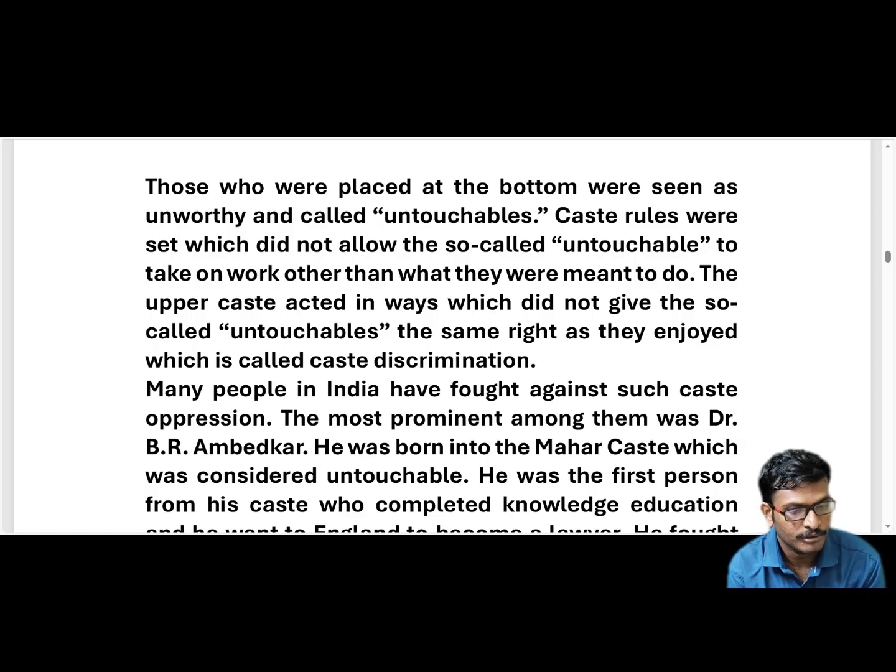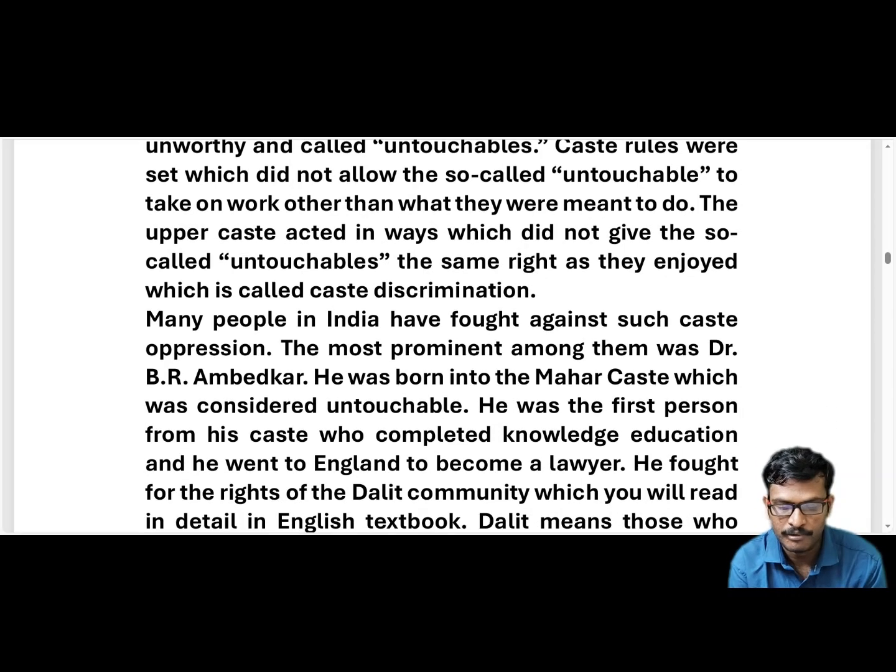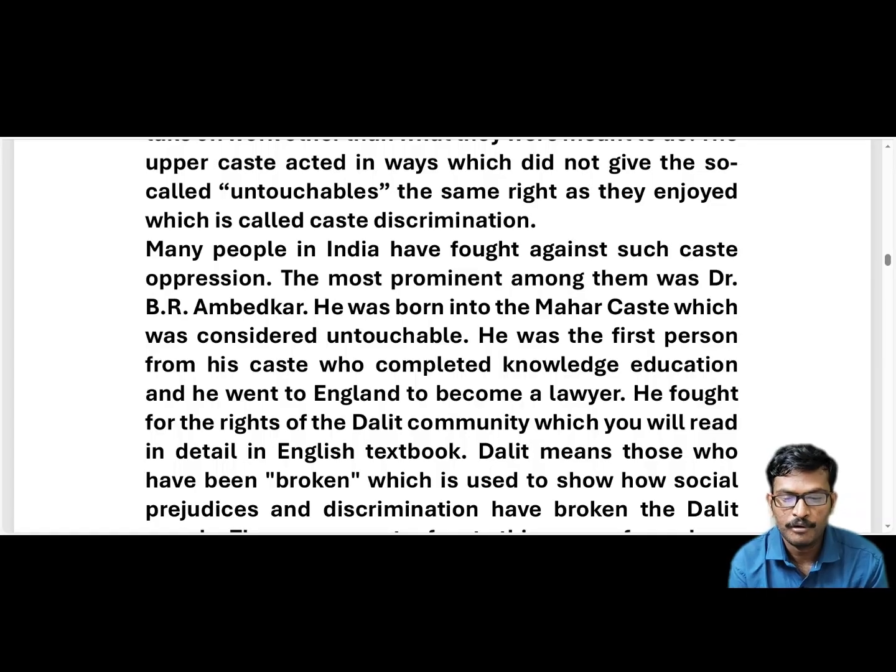Dalit means those who have been broken, which is used to show how social prejudice and discrimination have broken Dalit people. Broken people means they do not have the privileges.